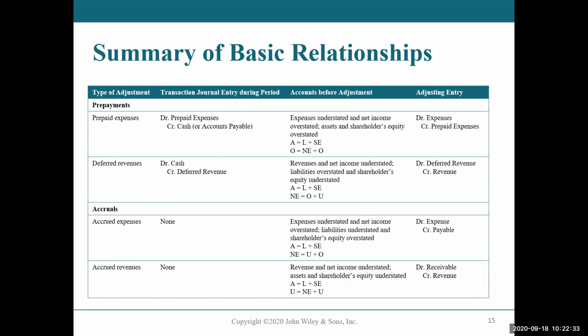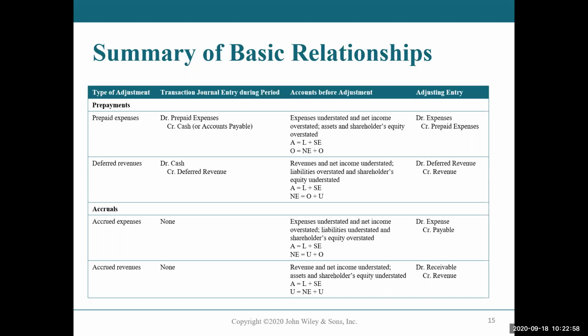For the prepaid expense, our entry is prepaid expenses debited and our cash or accounts payable is credited, and our adjusting entry is a debit to the expense account and credit to the prepaid expense account. This is what we had talked about in the earlier slides.